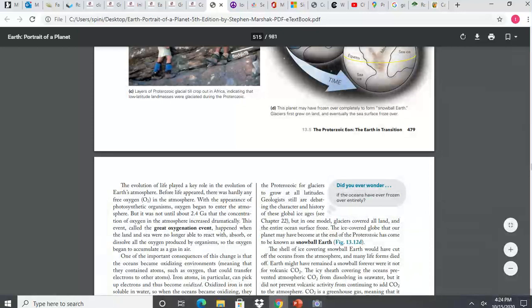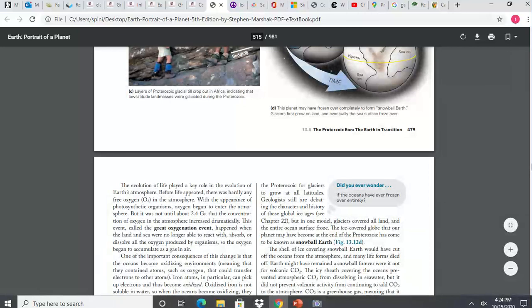Now, much of the oxygen that they're creating gets absorbed in the ocean. The ocean's a big place, so it absorbs quite a bit of oxygen, so it doesn't affect the atmosphere too much. But eventually the oceans are going to be at their capacity. They can't absorb any more oxygen.